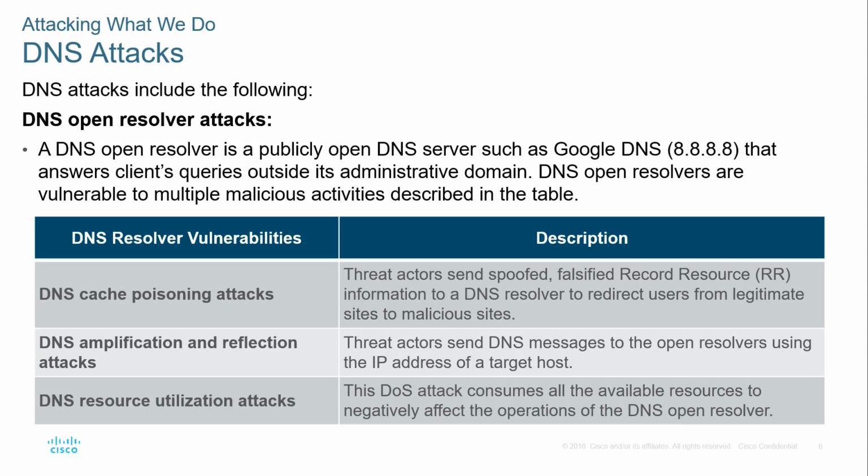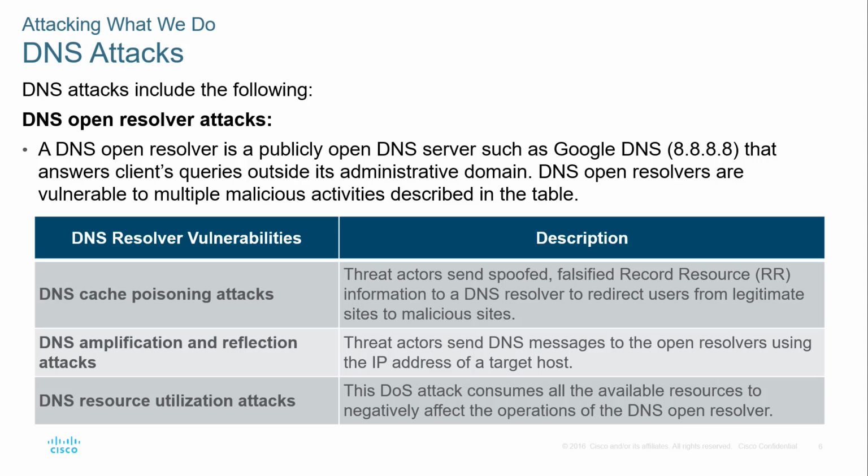Common ones are things like DNS cache poisoning, DNS amplification and reflection attacks, and DNS resource utilization attacks. Essentially, with the cache poisoning attack, the threat actor sends spoofed, falsified resource record (RR) information to the DNS resolver to redirect users from a legitimate site to a malicious site.